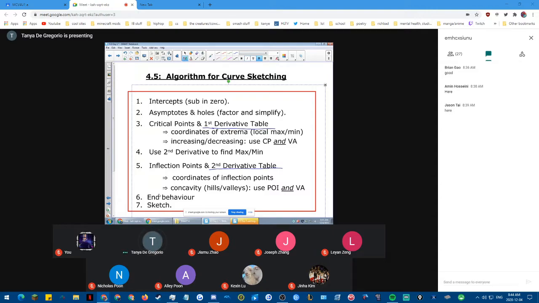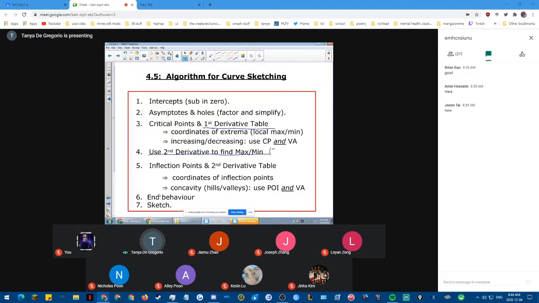All right. Then you're going to find your second derivative. When you're using your second derivative, we're going to set it equal to 0 to find your point of inflection. And then here is your second derivative table, which is being used to check if it's actually an inflection point.